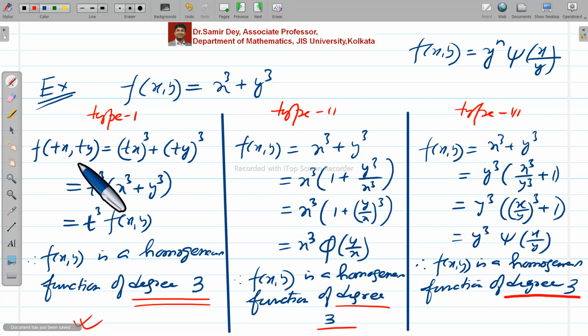Just substitute all x by tx, all y by ty, then take common power of t. Just take common t from everywhere, just to check whether after taking common t, it is coming f of xy, yes or no. If it is coming, that means your function is homogeneous, with degree equal to the power of t.